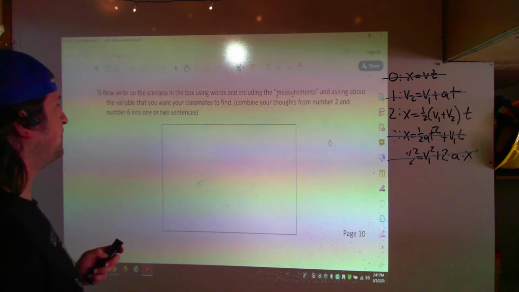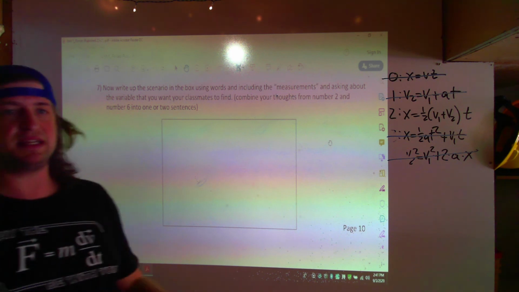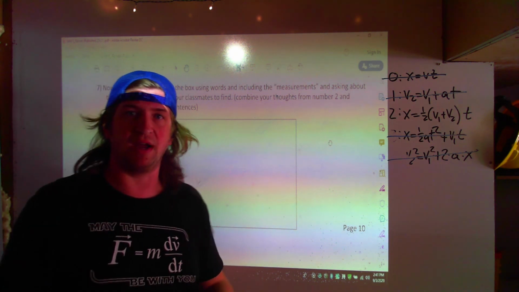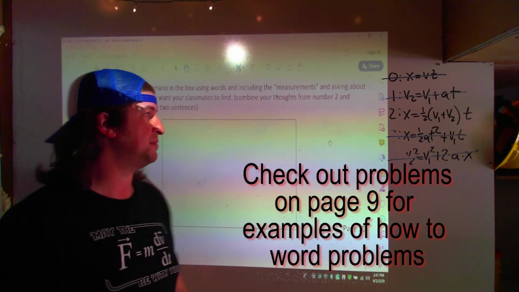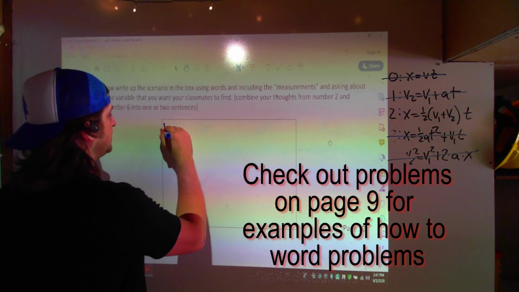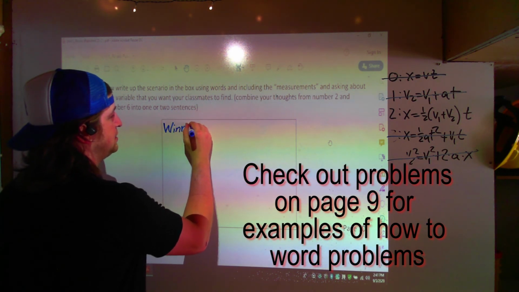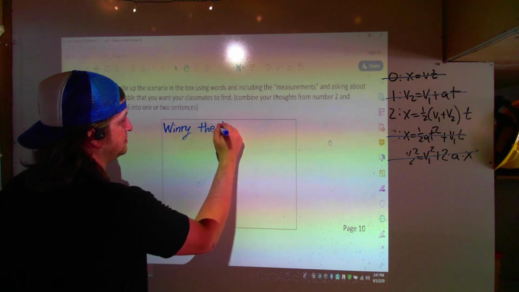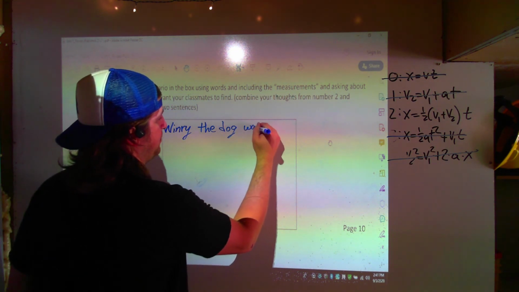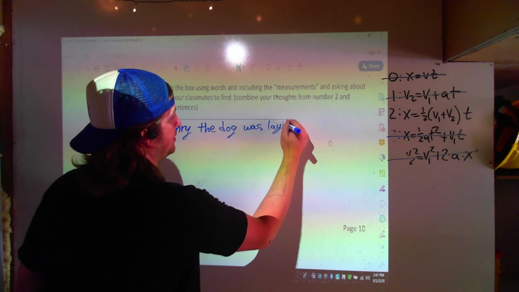Down here, and now we're going to try writing this out in terms of a scenario, right? We're going to write this out like a practice problem. So, let's go. Winry, the dog, was laying on the driveway.